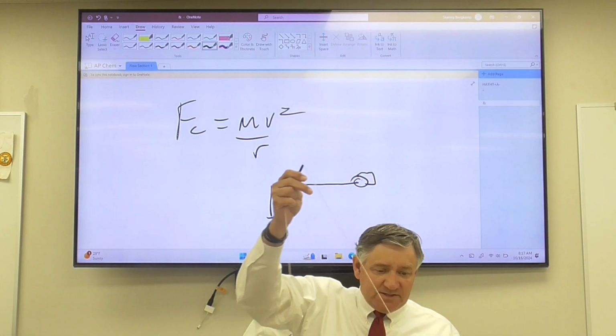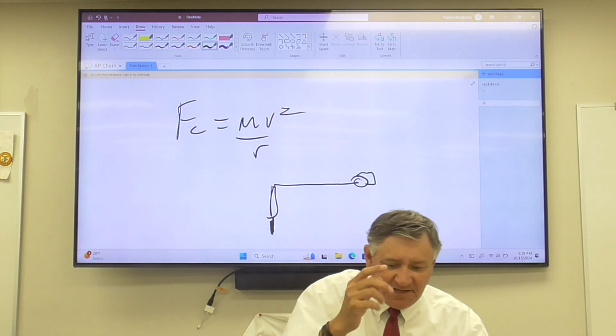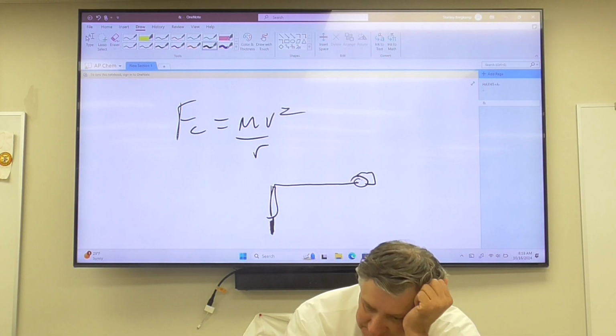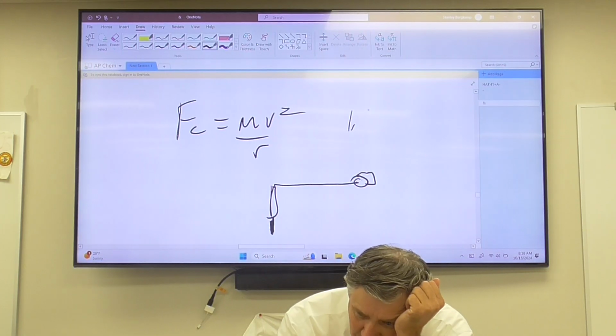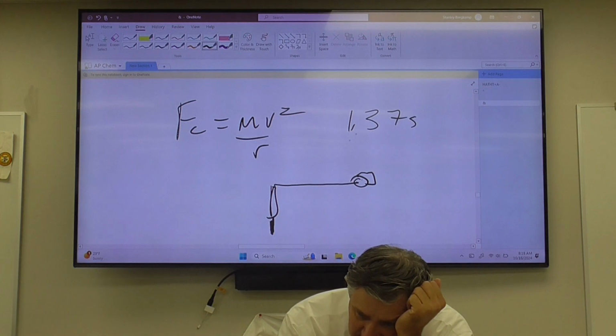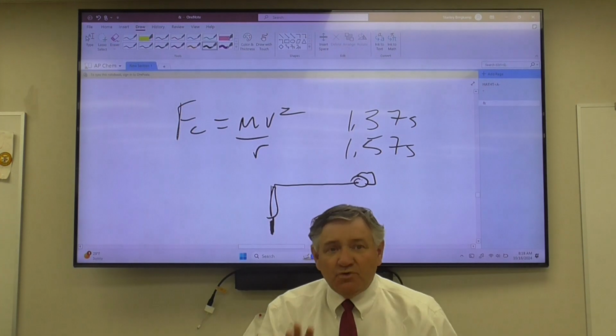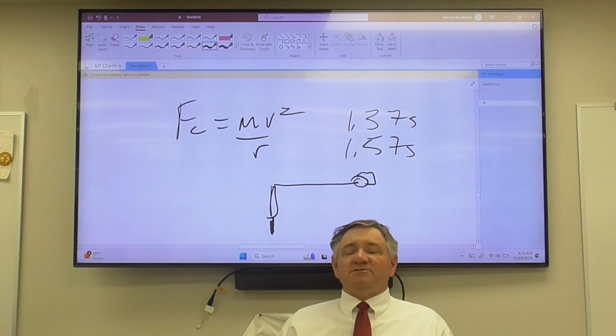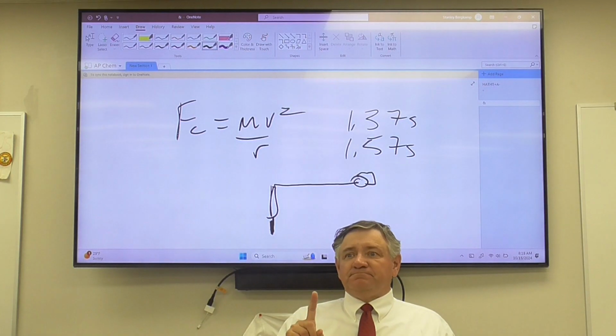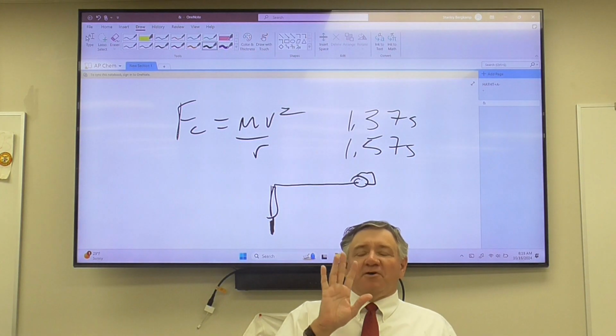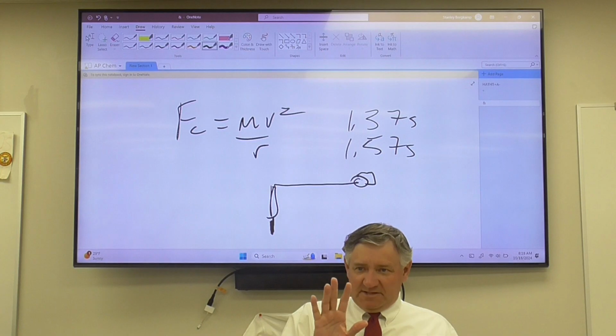So when you compare times, Preston and Danny are going to compare their times. And if you got like 1.37 seconds and 1.57 seconds, that is too big a gap, okay? Somebody didn't count to 10, okay? Literally. The hardest part of this lab is counting to 10.